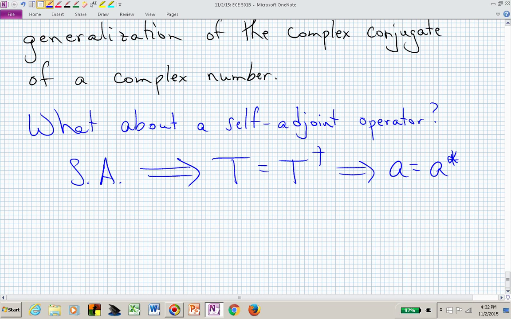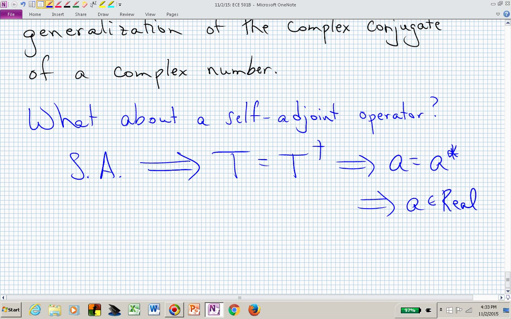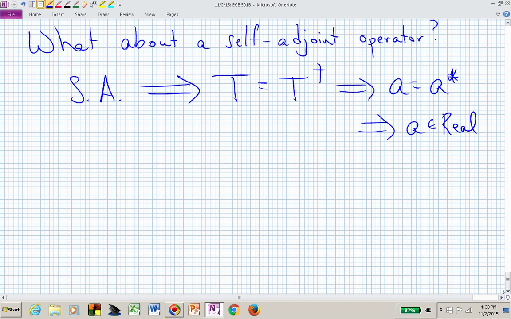We need those to be the same, which now says that that number, for it to be self-adjoint, or that map for it to be self-adjoint, needs to be a real number. This now allows us to create this table that shows the generalization of numbers to maps.